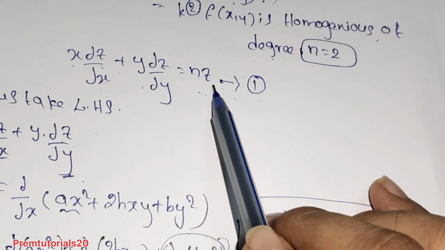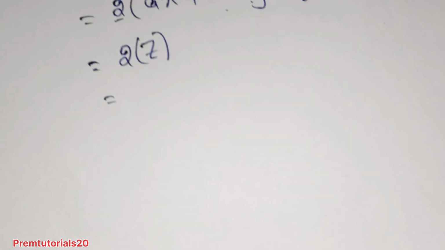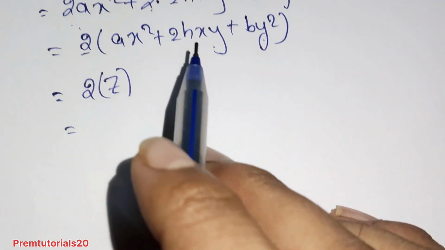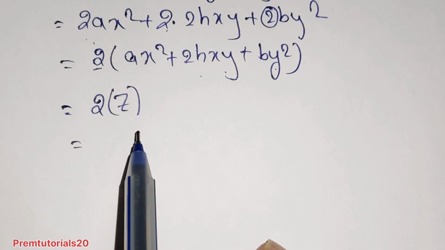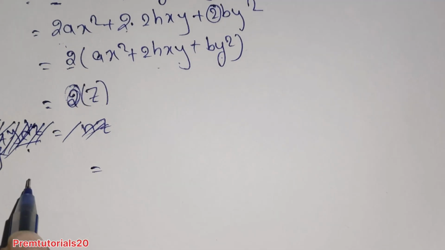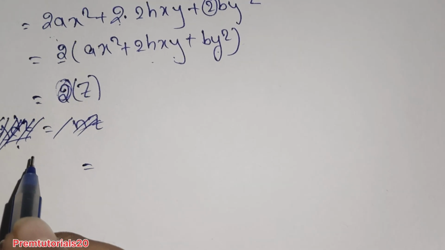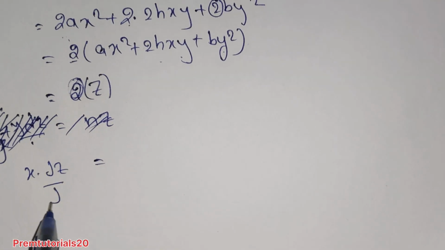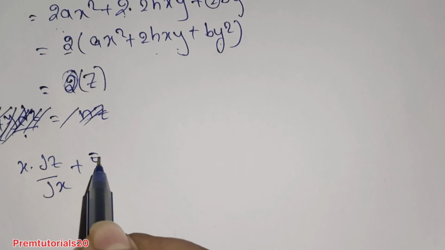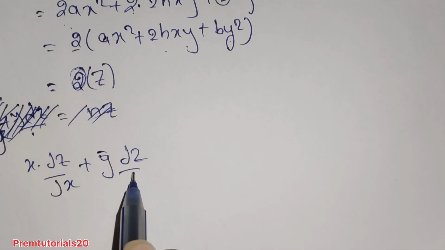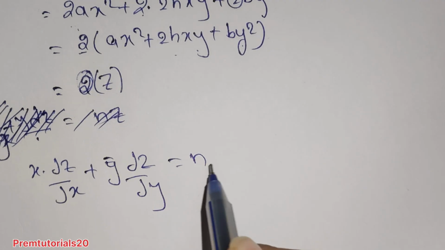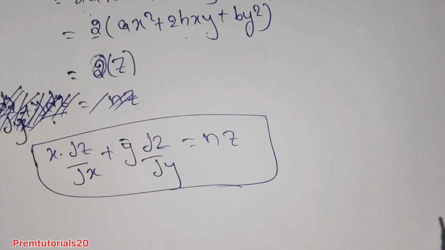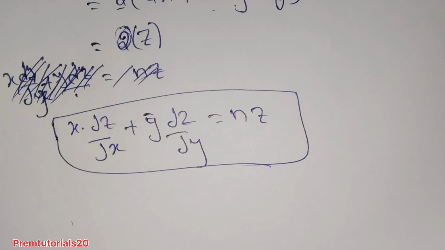So this is the required homogeneous of degree n. Now what we had from equation 1: x into dou z by dou x plus y into dou z by dou y equals nz.